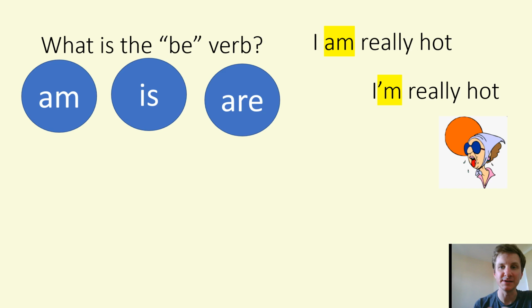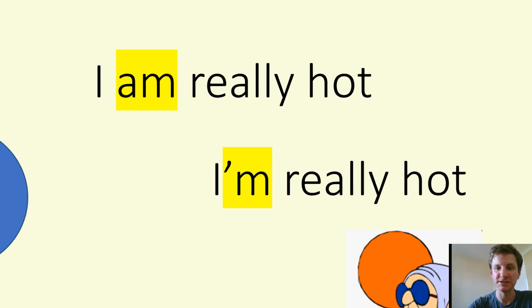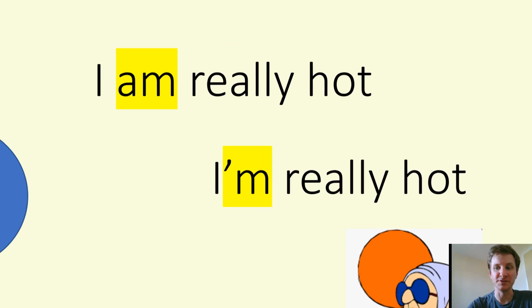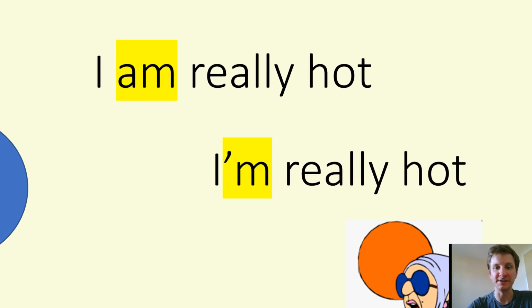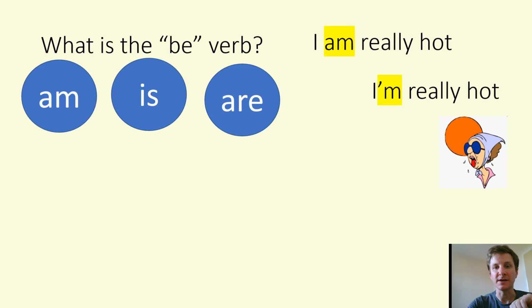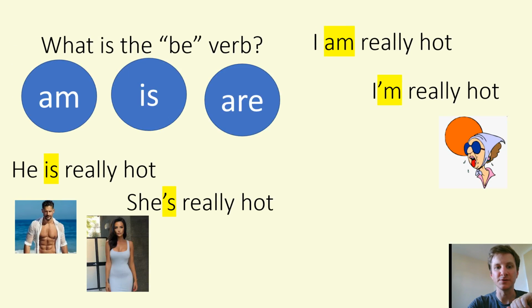So here's an example here. So I am really hot, or I'm really hot. They are both the same, these two sentences, but the second one is a contraction. I'm means I am. Okay, and another example is this one.